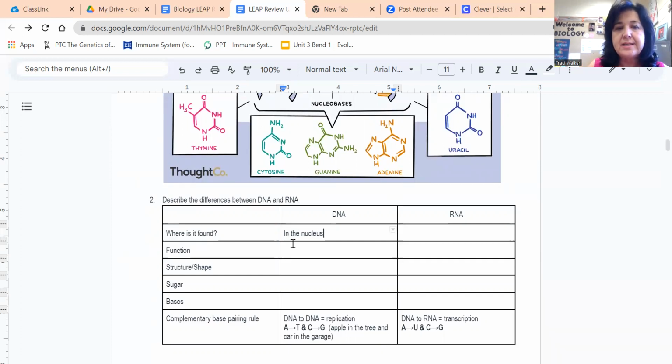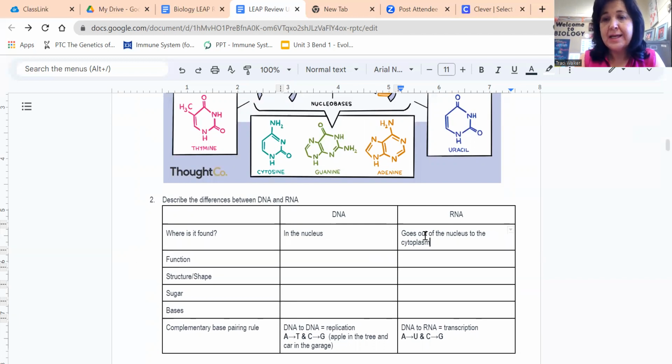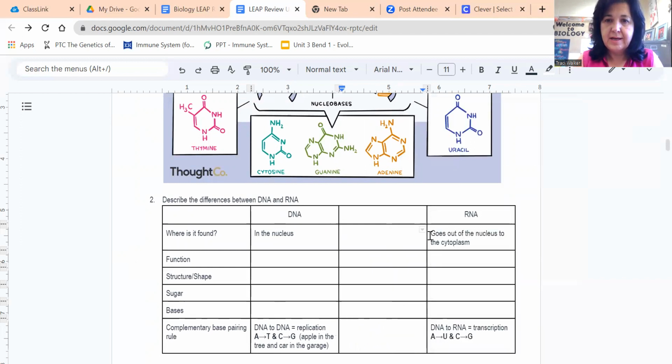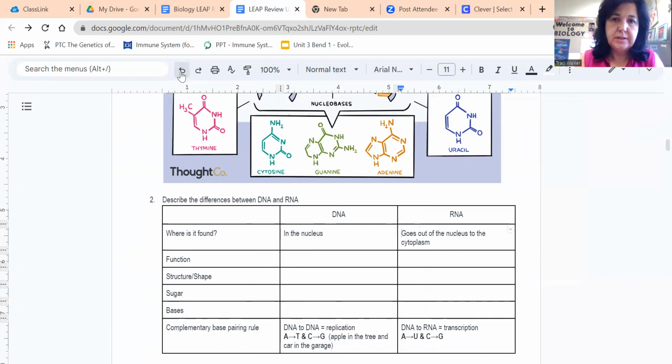So DNA is inside the nucleus, but the RNA goes out of the nucleus to the cytoplasm. So RNA is made in the nucleus. Let me add that information. Sorry about that.